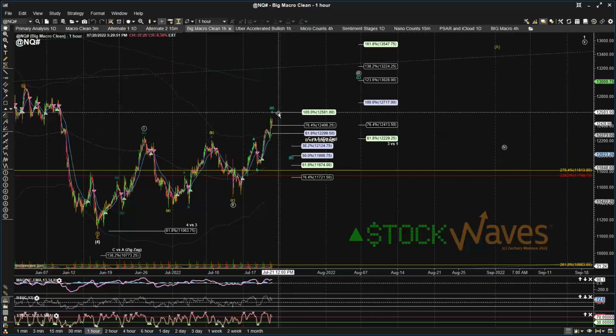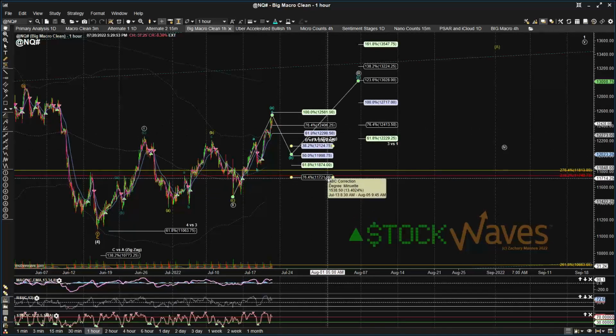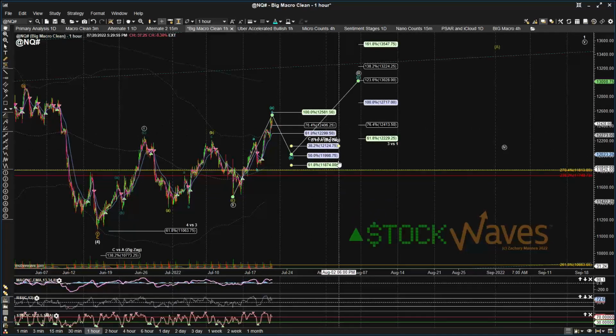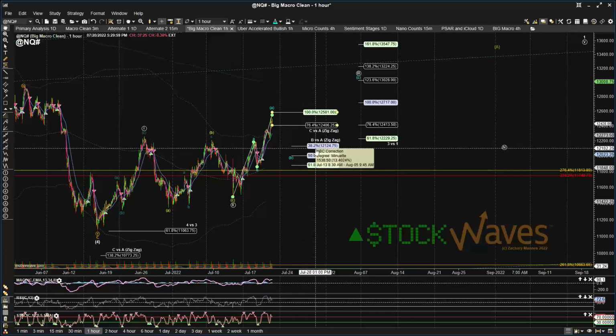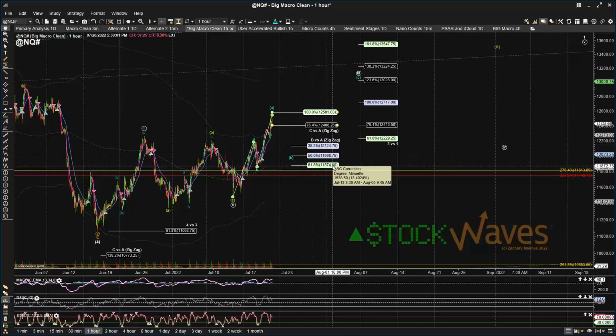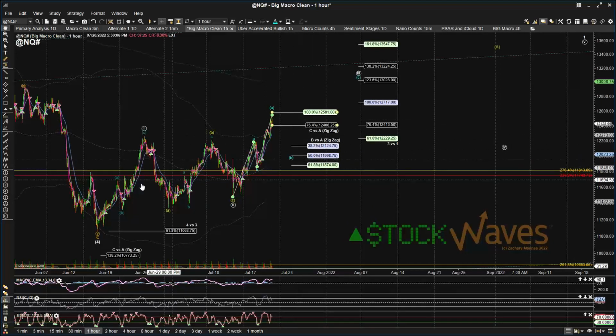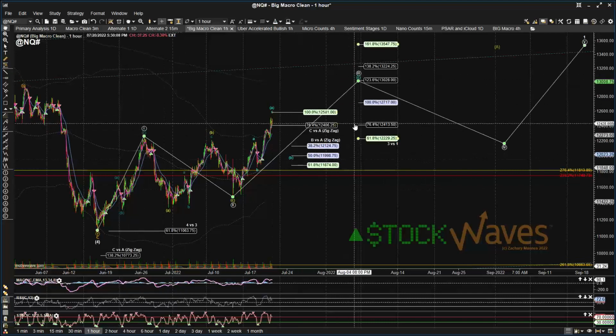It can get a little bit higher towards the 12,600 region, but from there we're looking at needing an ABC retrace into the 12,000 to 11,870 region for the B wave to hold inside that third of the same leading diagonal.